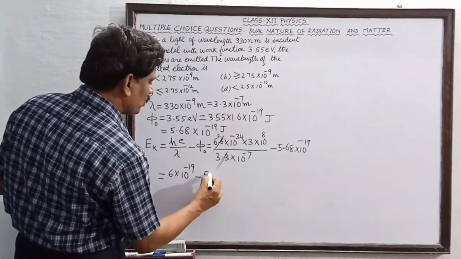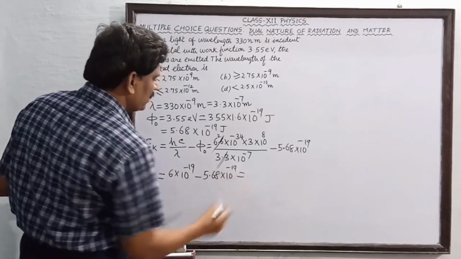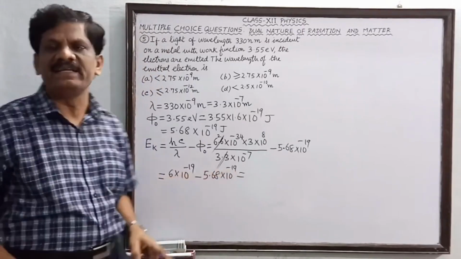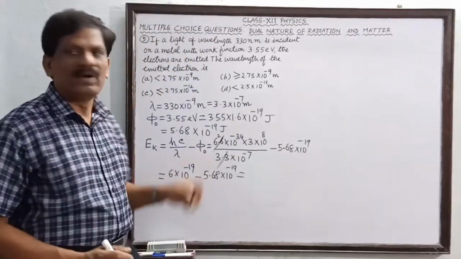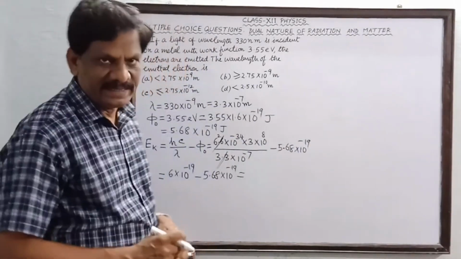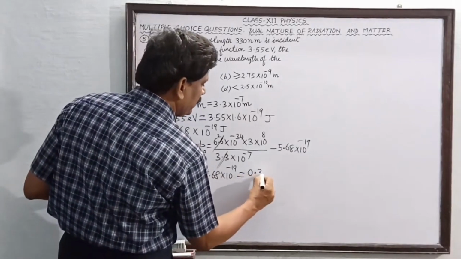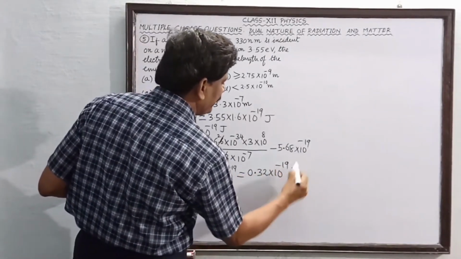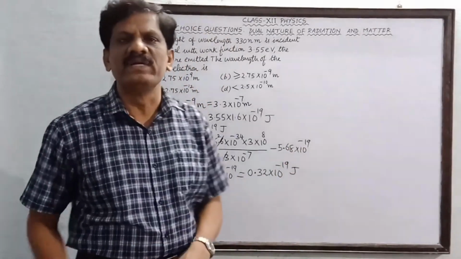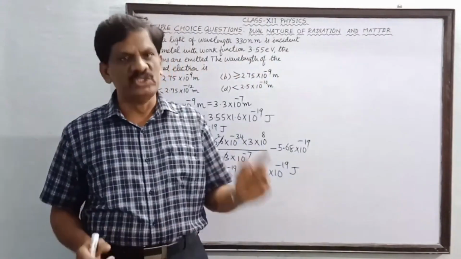So minus 5.68 into 10 to the power of minus 19. My dear students, 10 power minus 19 is a common factor. So 6 minus 5.68 is 0.32. Easy to subtract. So this is equal to 0.32 into 10 to the power of minus 19 joule. Joule is the SI unit. We have converted the electron volt into SI unit, namely joule.